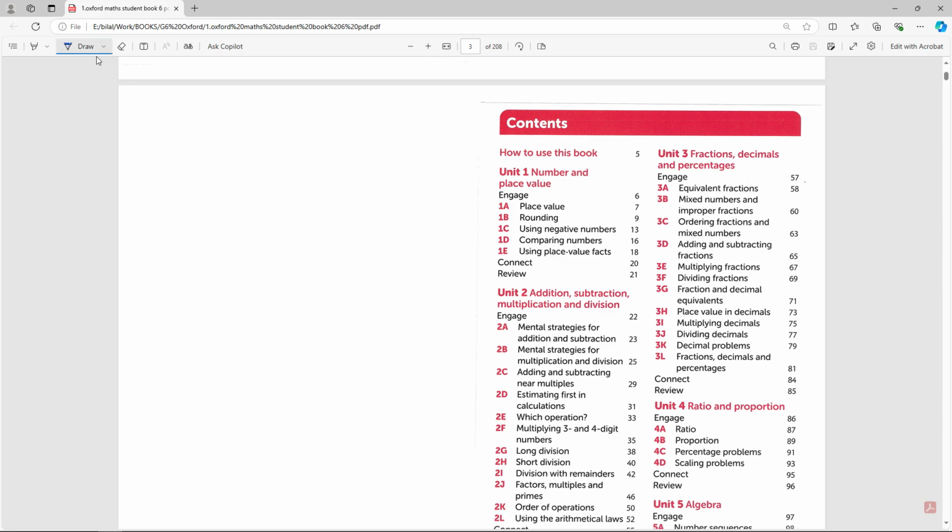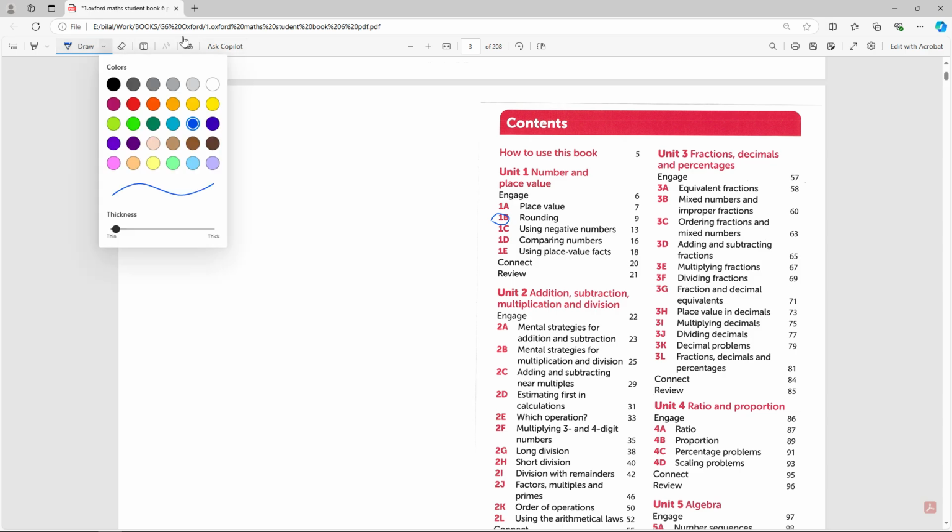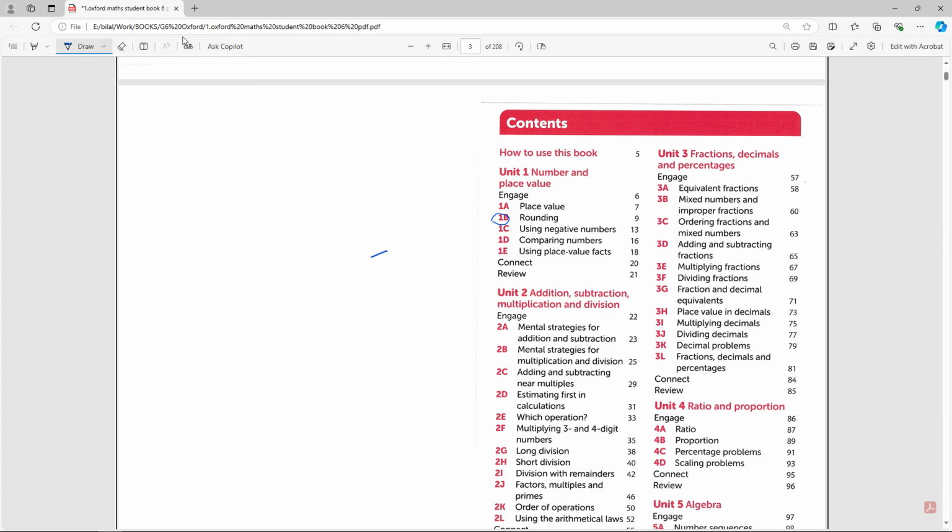So we're going to have rounding. Let me make it a little bit thicker. So rounding. We're going to have 1B rounding, 1C, 1D, 1E, and then we will have 2A. Let me check.